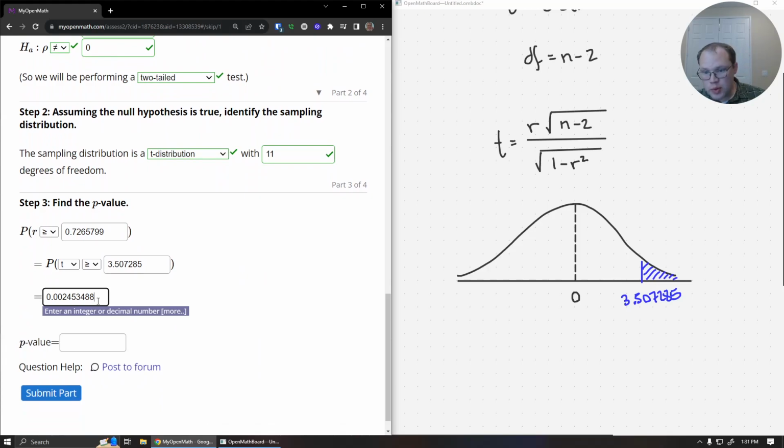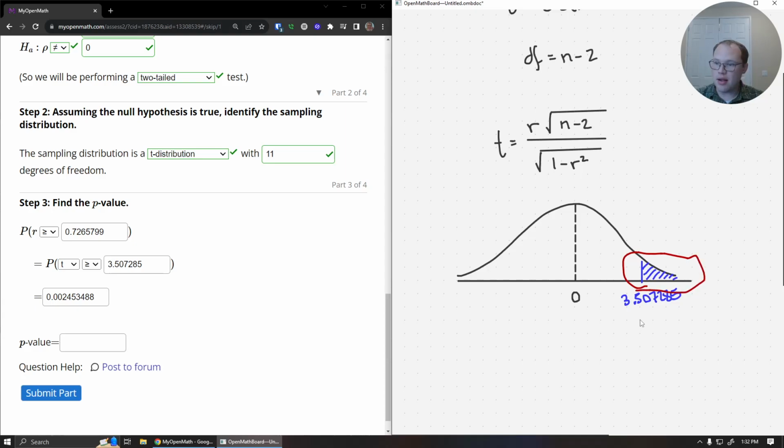Let's put that in the answer box. Now this is the probability we calculated, but it's not the full p-value, right? We are doing a two-tailed test. That 0.002453488 is the probability just in this right tail. But I want to count the probability in both tails.